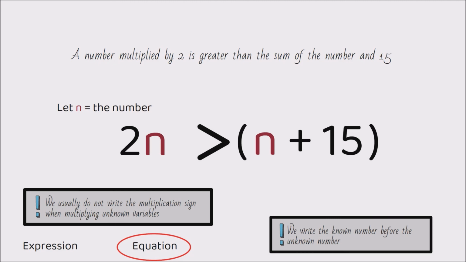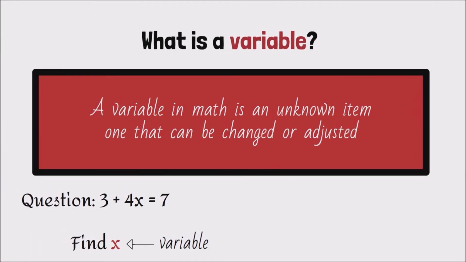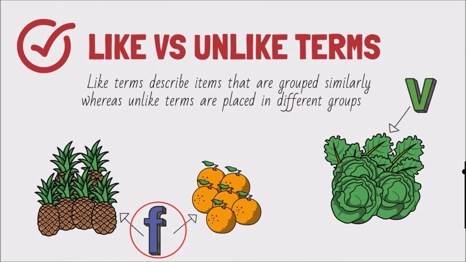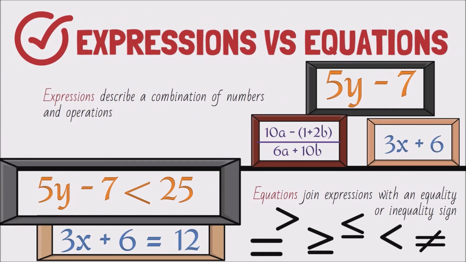Okay, so let's do a quick recap of today's lesson. A variable in math is an unknown item that changes. Like terms are used to represent the same variables and are given the same labels, while unlike terms are grouped differently and given different labels. Expressions are just statements in math, while equations will take an expression and equate it to something.